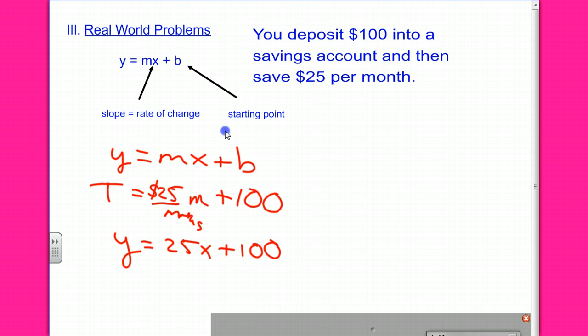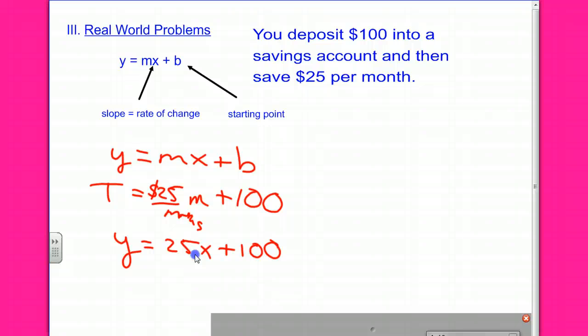We could graph this. What values may you not want to put in the x here? Lauren? Why not? She says negatives. Why not? Okay, so is it possible to say for negative 4 months?